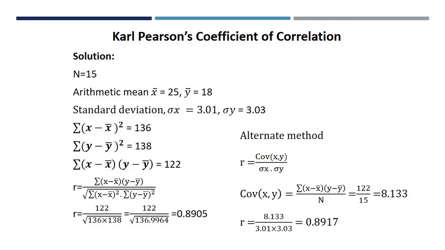So correlation coefficient is covariance of xy divided by standard deviation of x into standard deviation of y. So 8.133 divided by 3.01 into 3.03. So we will get 0.8917. So here the correlation coefficient is positive, and if you take the result correct to 2 decimal places, we will get the correlation coefficient as 0.89.